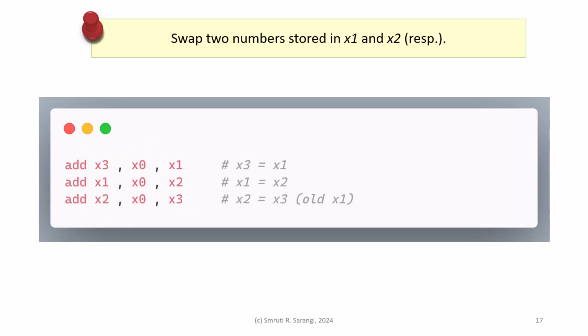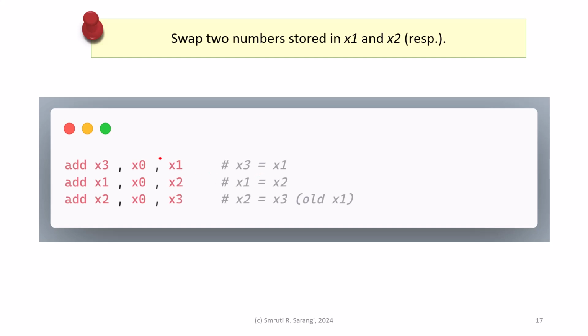Let me now consider the quintessential problem of swapping two numbers that are in x1 and x2. Again, you will see that the 0 register, x0, will play a strong role. It always does, or at least it appears to always play a role.